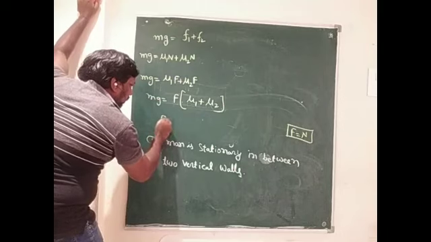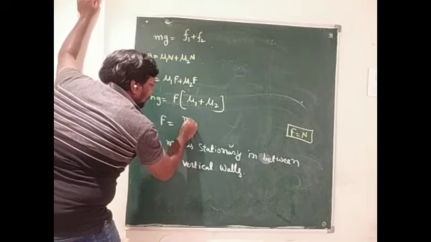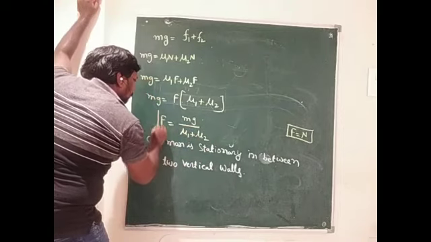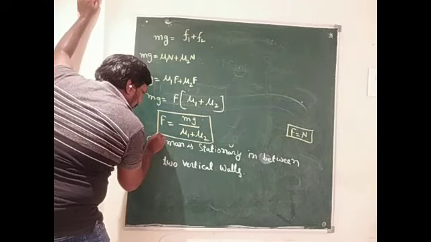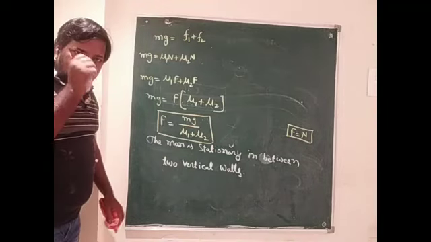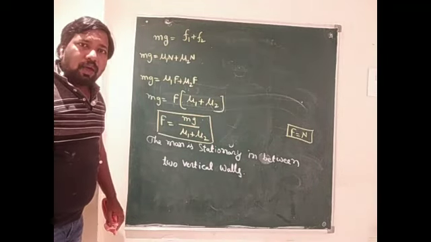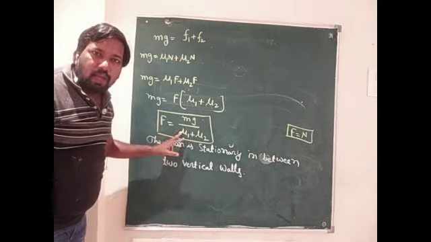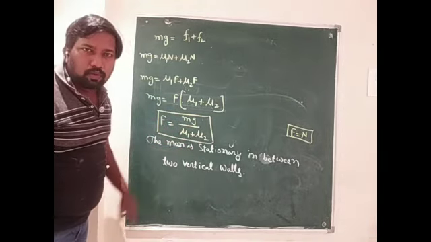So therefore F equal to mg by (mu1 plus mu2). So this is the minimum pressing force acting on the walls on each side, F equal to mg by (mu1 plus mu2). Thank you.